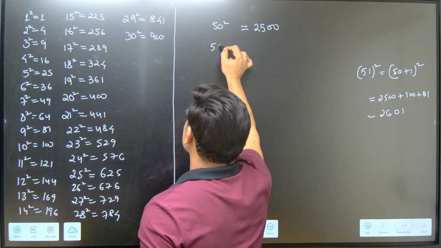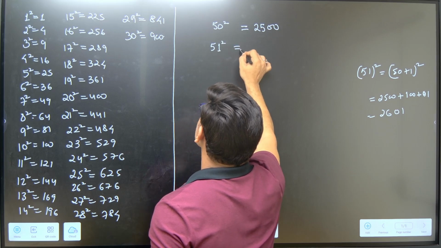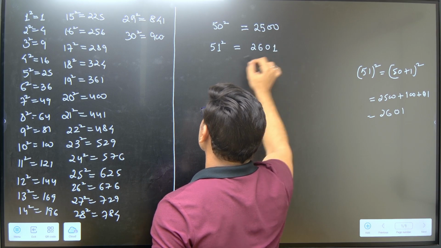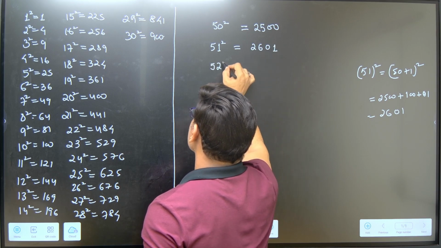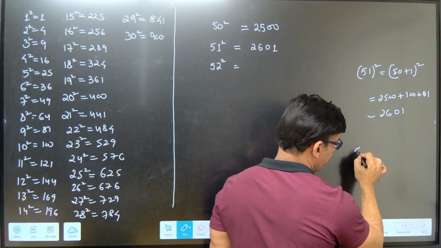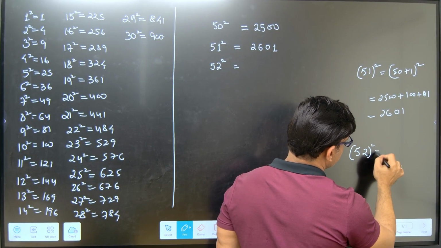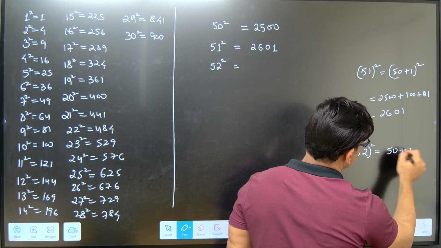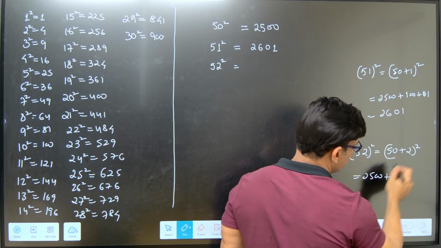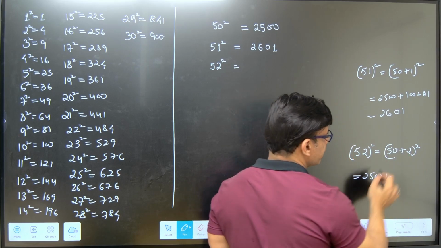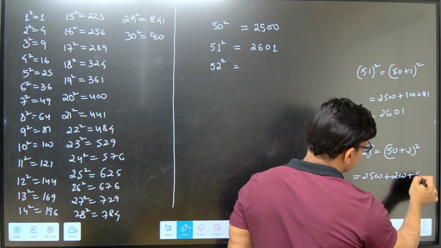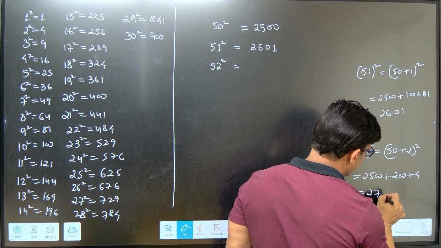So 51 square is 2601. For 52 square, write this as 50 plus 2 the whole square: 2500 plus 2 into 50 into 2, which is 200, plus 4. So this becomes 2704.